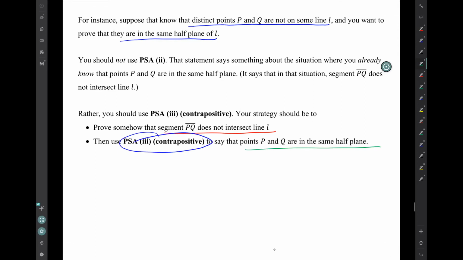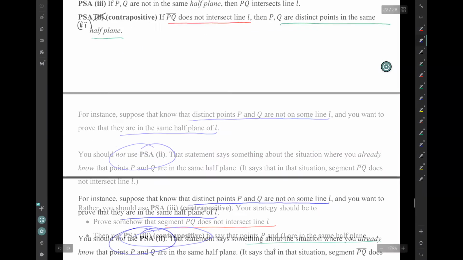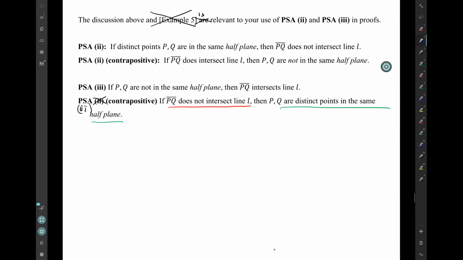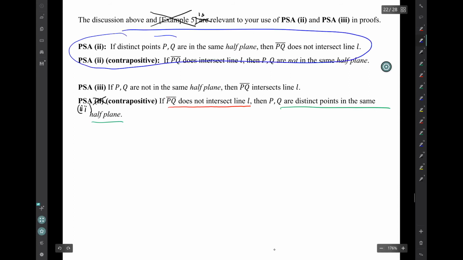Now notice we should not use PSA 2. That statement says something about the situation where you already know that points P and Q are in the same half plane. So look, PSA 2 says something about distinct points P and Q being in the same half plane. Our goal was to prove that points P and Q were in the same half plane. So this kind of jumps out at you. There are the words, points P and Q are in the same half plane.